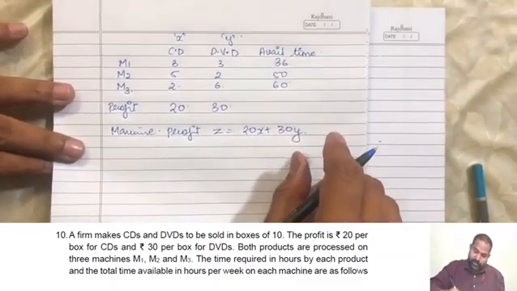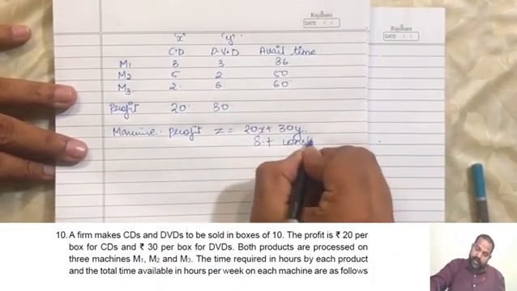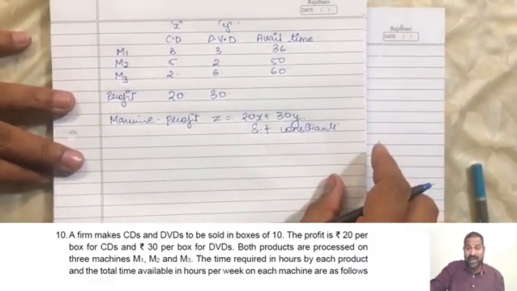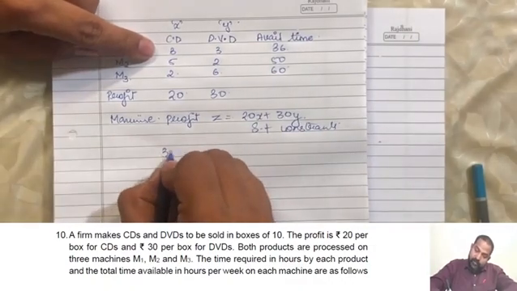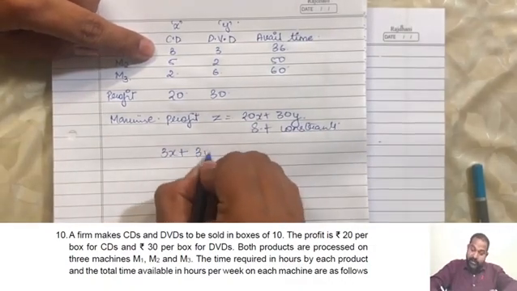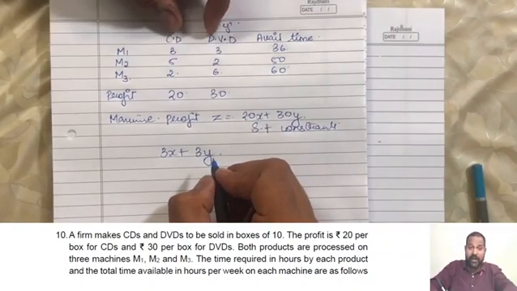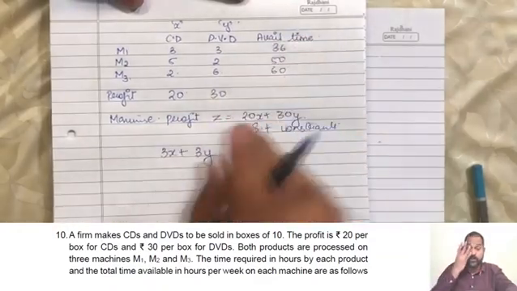This maximization is subject to constraints. And what are the constraints? Well, number 1, 3x plus 3y is the total time I require on machine 1 to make the CDs and the DVDs, but the total available is only 36 hours.